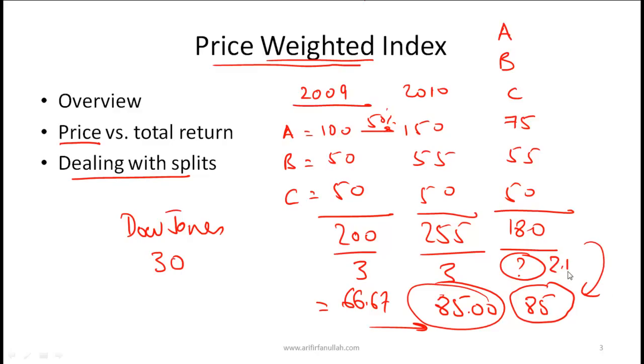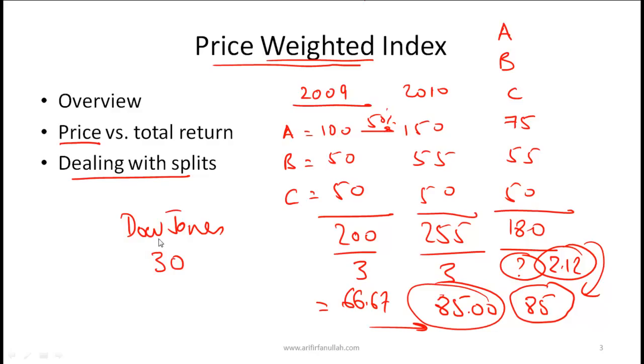The answer is 2.12. So essentially what we do is change the denominator. If the denominator pre-split was 3, post-split the denominator is 2.12. So the key point is that the index value, the index number, is not impacted by splits, but the denominator used in the calculation is.